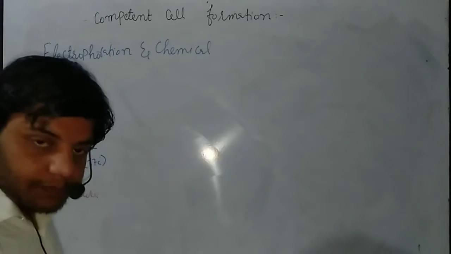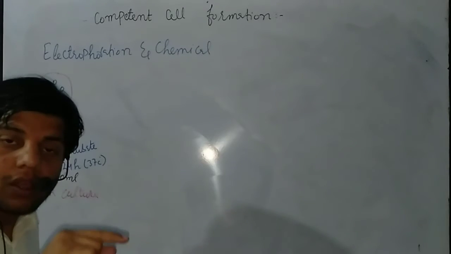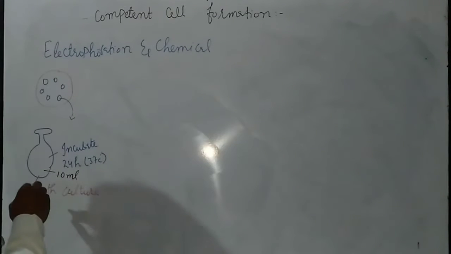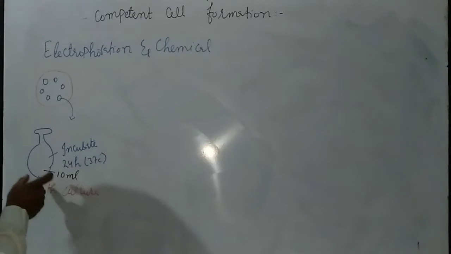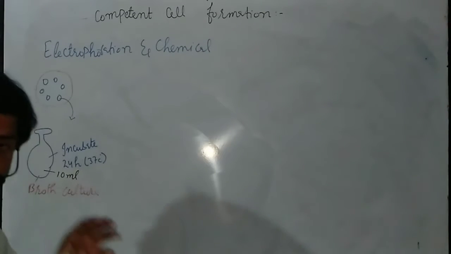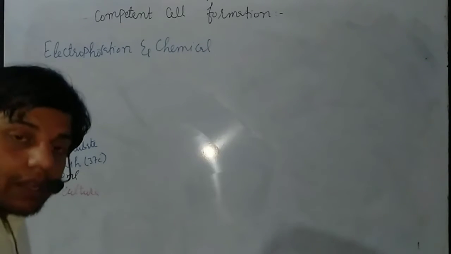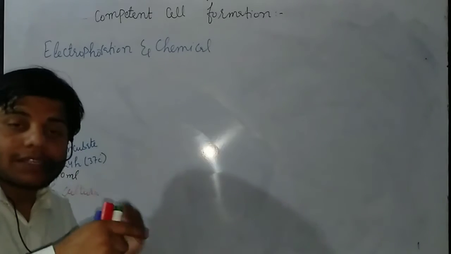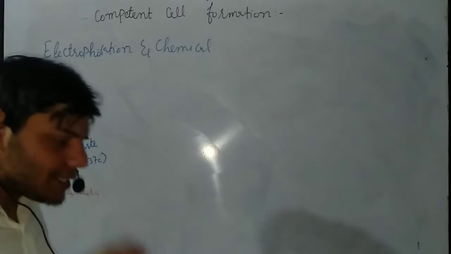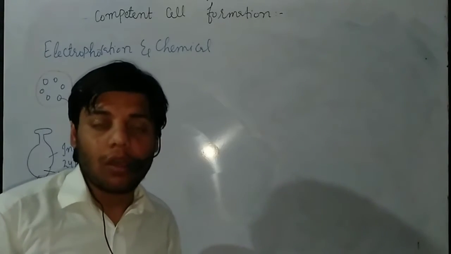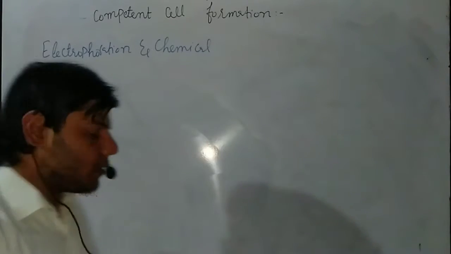Now after that, from this broth culture we will take 1000 microliters, or 1 ml, of the broth culture, and we will transfer it into the next tube, and this next tube will contain 50 ml of polypropylene solution.